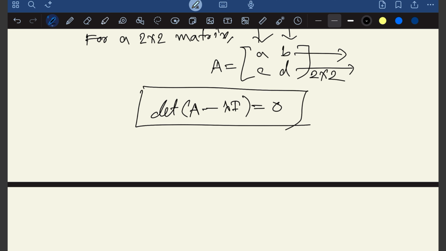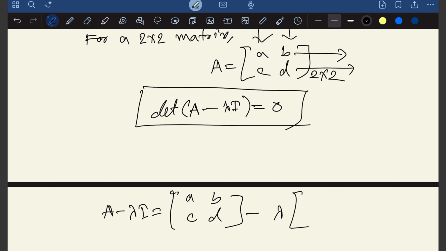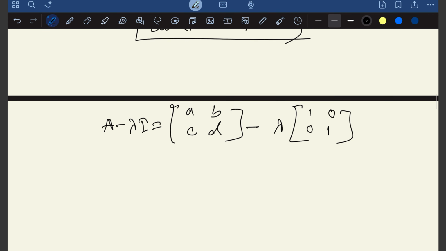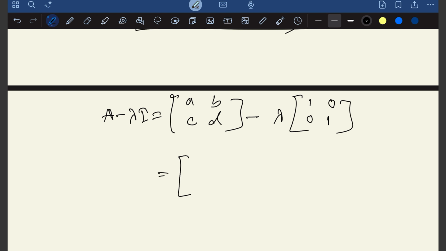A is a, b, c, d, right? And minus lambda times I, where I is the identity matrix for a 2 by 2 matrix. In the identity matrix the diagonal elements are 1 and the rest of the elements are 0. So this is a, b, c, d minus lambda times the identity, which is lambda, 0, 0, lambda.